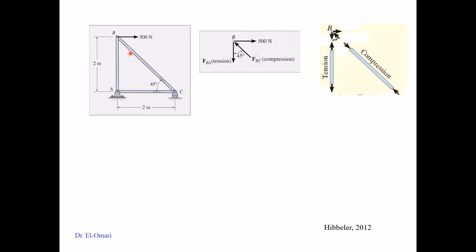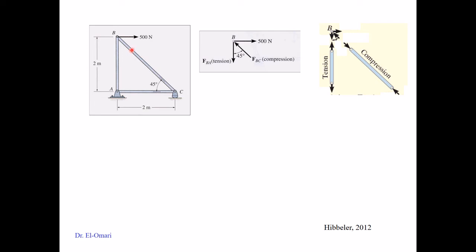there's a method called the joint method, which involves taking a cut, or disconnecting a joint like joint B, for example, where this joint shouldn't have more than two unknowns.